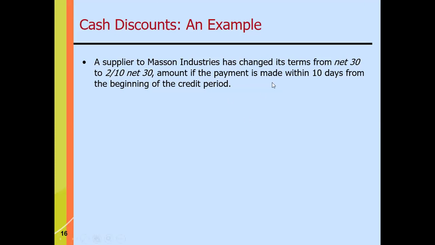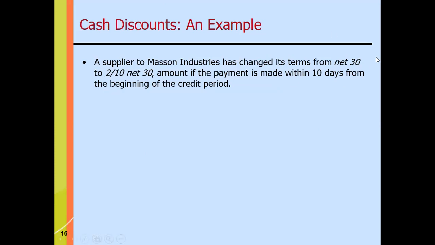So 2/10 net 30 means that if we pay from the first day to the 10th day, we can avail of the 2% discount. If we pay beyond that, so 11th to 30th day, then there is no discount. So that's one thing that we should remember about this.